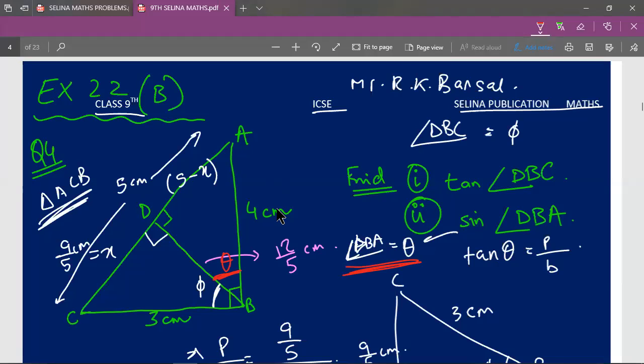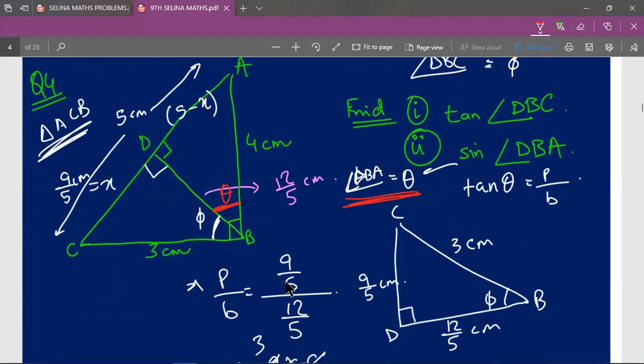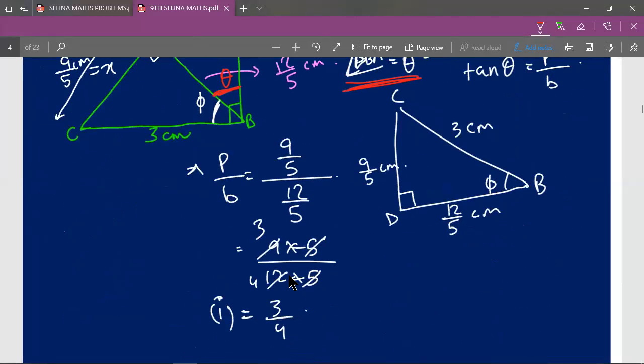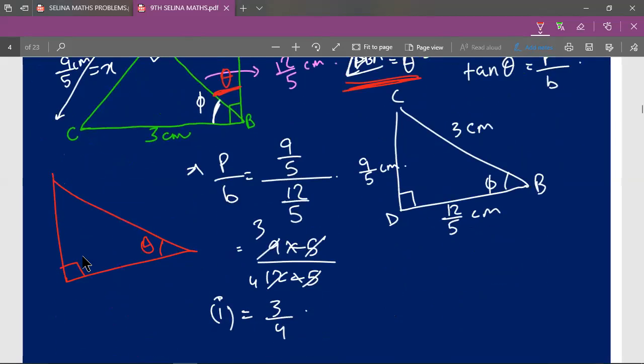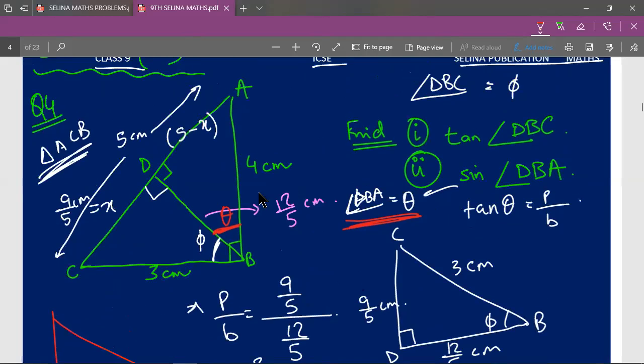Now, before you solve sine theta, all you have to remember is to bring theta to the ground. In this case, it is to the ground. So I'll just rearrange this figure such that it is like this. And our hypotenuse, that is the side directly opposite to the right angle, is 4 centimeters.